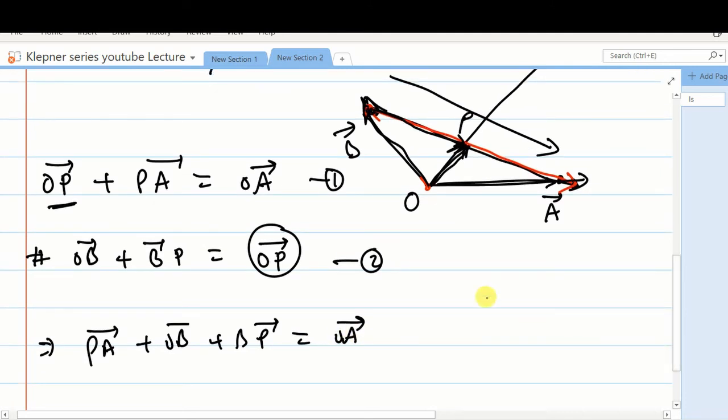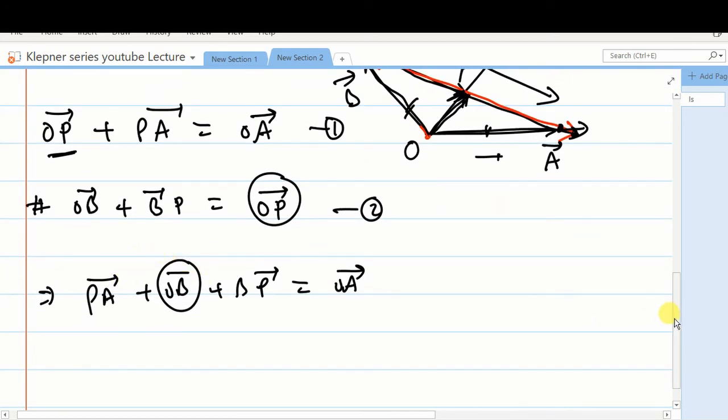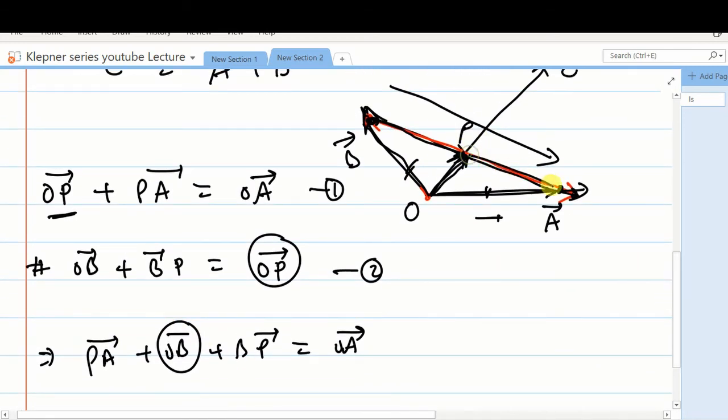Now see here what OB and OA are. If I write PA and BP, what is PA? PA is this one and BP is this one, so it will give you a complete vector.